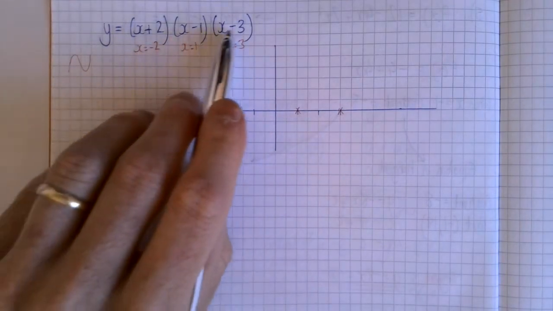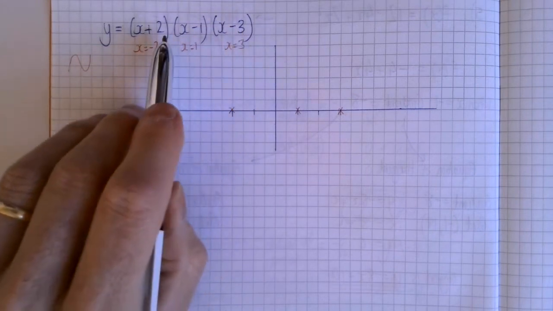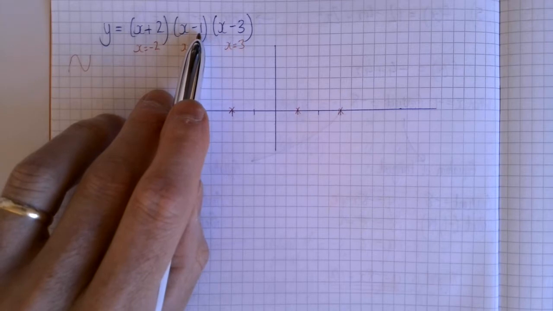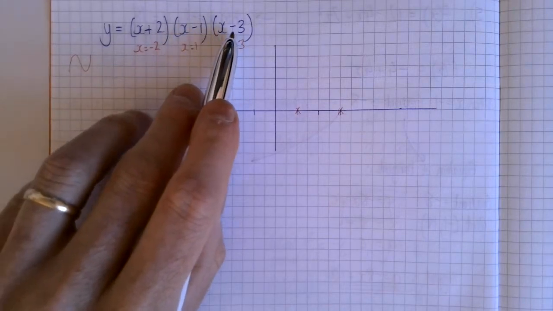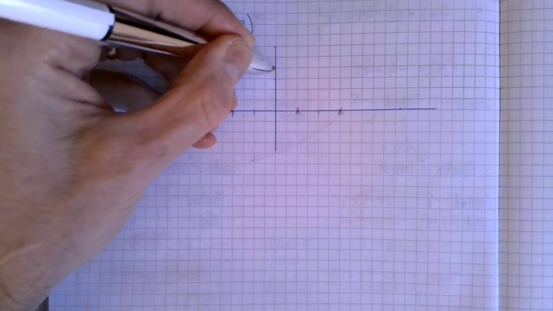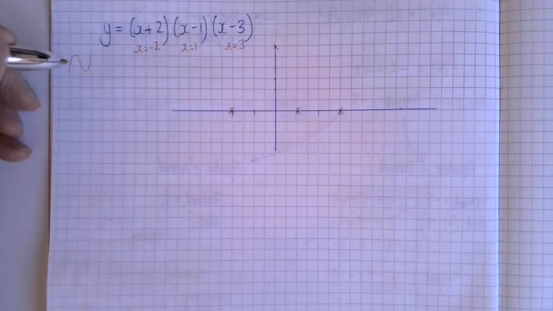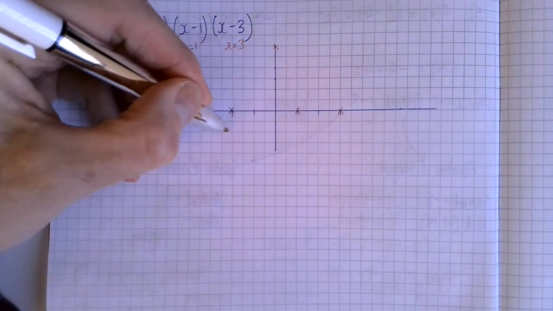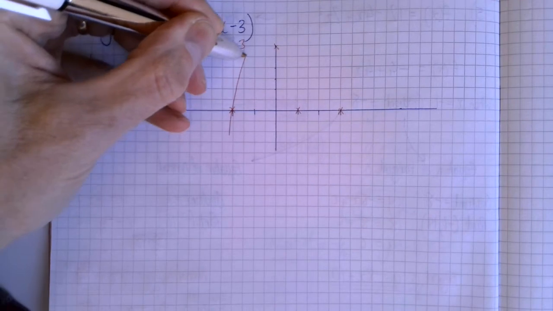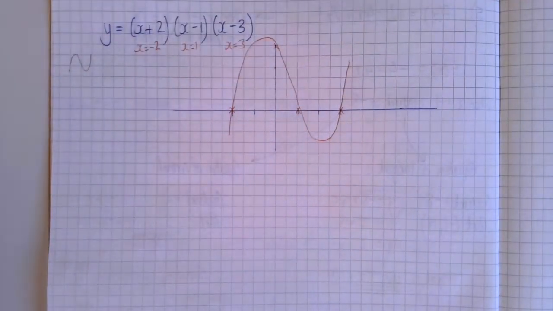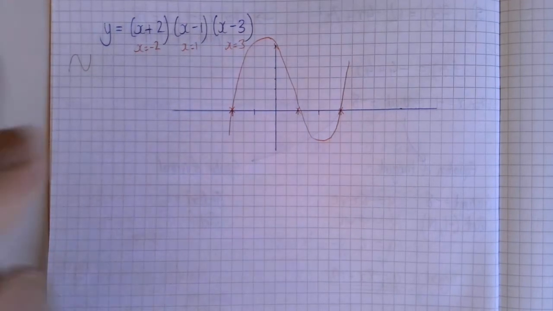I also know if I multiplied this out, the constant term would be 2 times -1, which is -2, times -3, which is 6. So I know it's going to cross the y-axis up here. So I know it's that shape and it crosses there. So it's going to look something like that, isn't it?